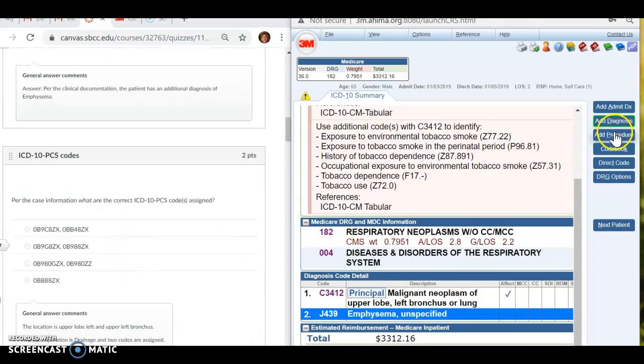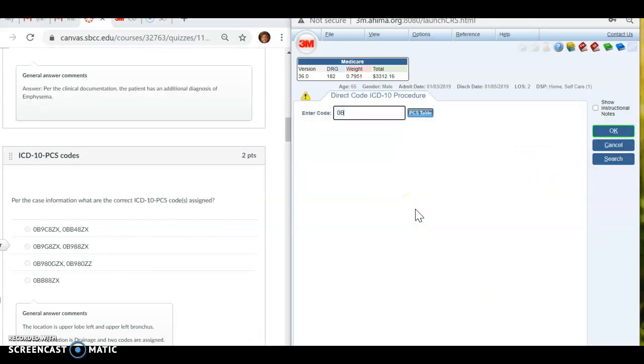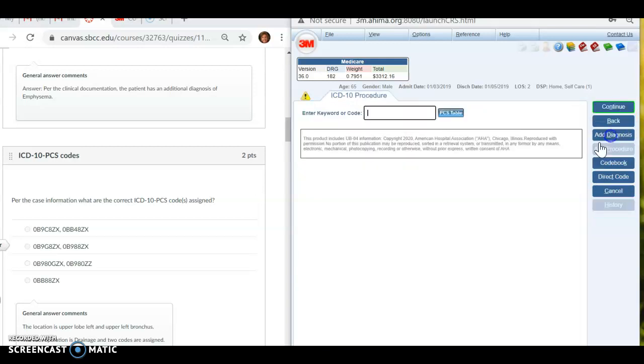Okay, and then I need to come down. I need to add procedure. We're going to add 0B9G8BX. Okay, so let's add our next one.